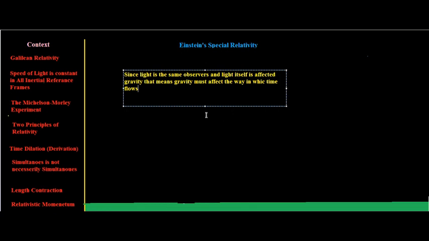Now, if gravity affects time, that means there must be a spatial dimension in which gravity, space, and time are unified together, and this is what scientists call the space-time fabric. The unification of space and time as a separate dimension is called the fourth dimension.